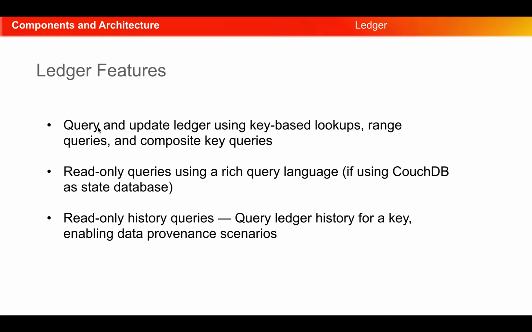Ledger features. You can query and update the ledger using key-based lookups, and range queries and composite queries can be done on the ledger. There are also read-only queries using a rich query language; that is, if you use CouchDB as a state database, you can run read-only rich queries on it. Then there are read-only history queries, which query the ledger history for a key, enabling data provenance scenarios.